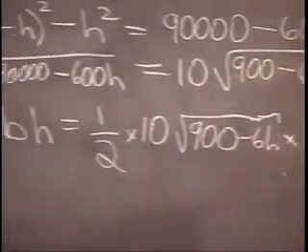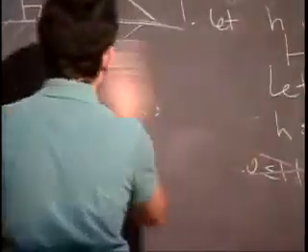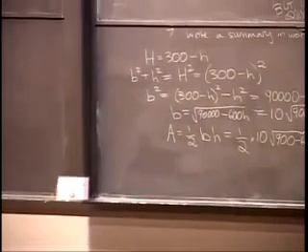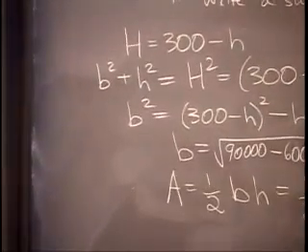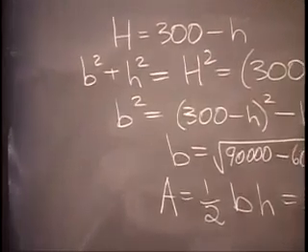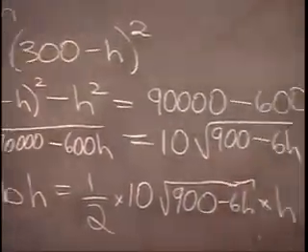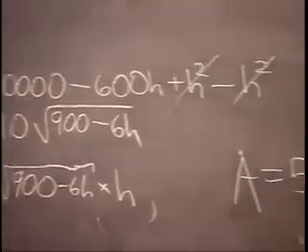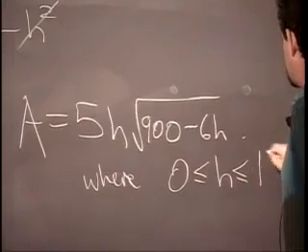So a little bit of algebra was required here, but ultimately we have reduced the situation to the case where we have the variable we want to maximize, A, and it's just written in terms of one of the other variables, little h, and we even know what the domain is. In fact, let me come back over here and write 0 less than or equal to h less than or equal to 150.